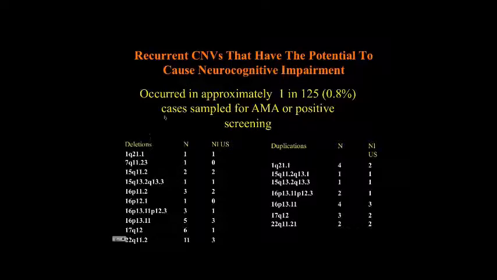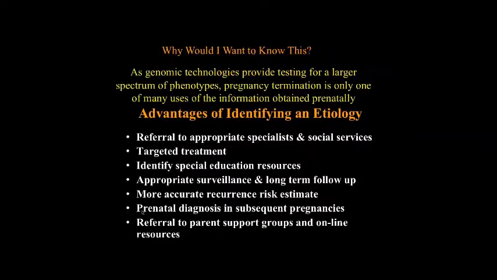Even with that stringent definition, these occurred in about 0.8% of pregnancies, or 1 in 125. You can see on this slide the relatively well-described recurrent copy number variants that we found. So, at least on the frequency of pathology, one could make a very good case that perhaps we should use this as our primary tool for evaluation of invasive prenatal diagnostic samples.